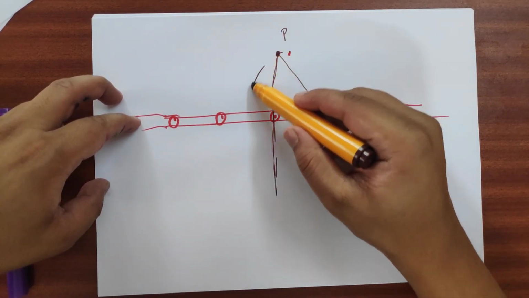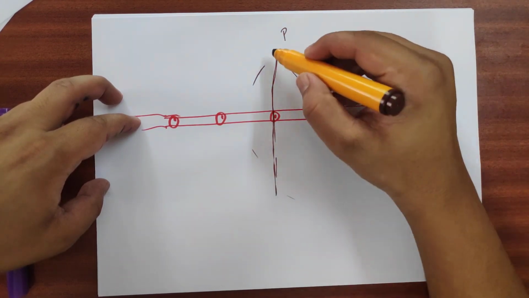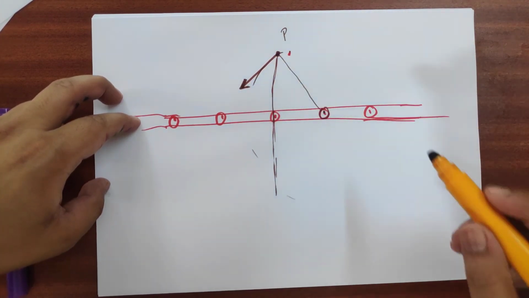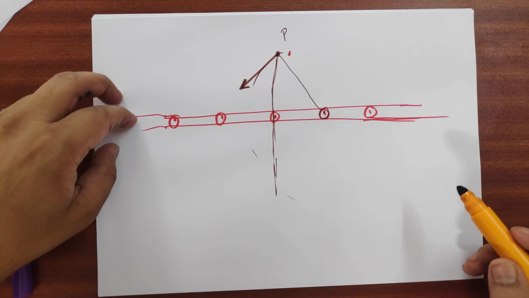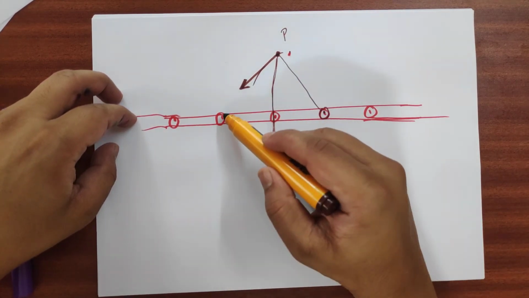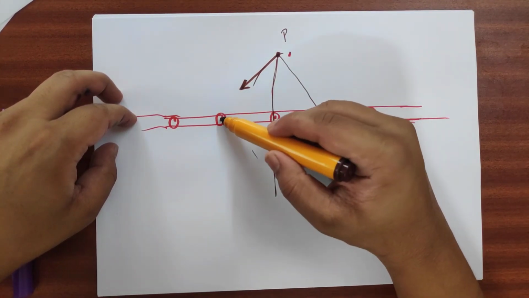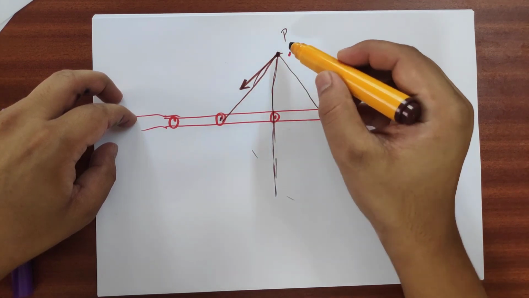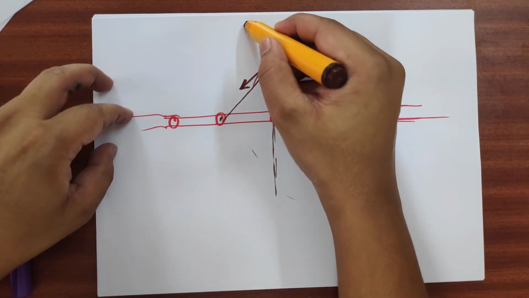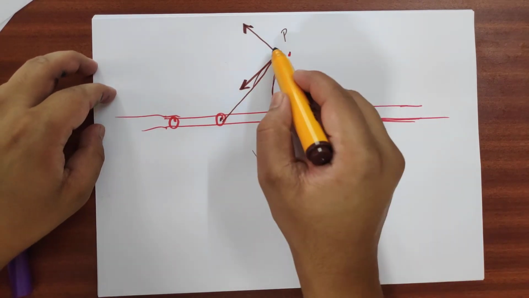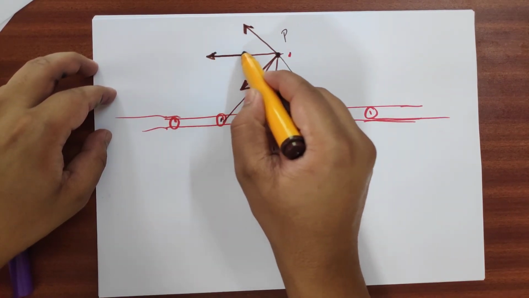Solely due to this wire, you have field circles like this, and this is the direction of the field. And you have a similar current carrying wire here. Due to this wire, the direction of the field is this way. So what is the resultant field? The resultant field is this way.